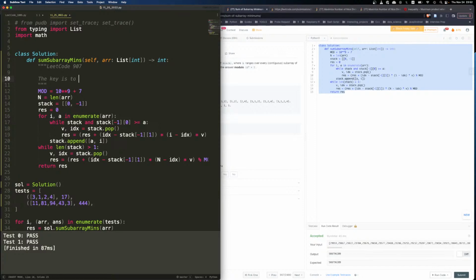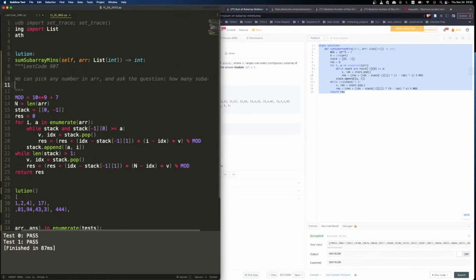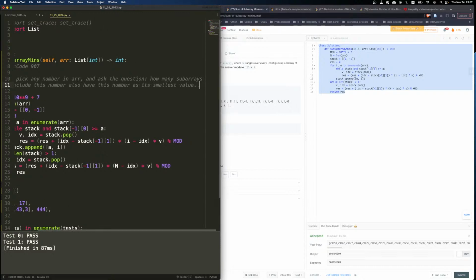We can say, we can pick any number in the array and ask the question, how many subarrays that include this number also have this number as its smallest value.